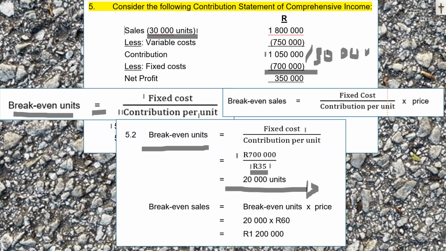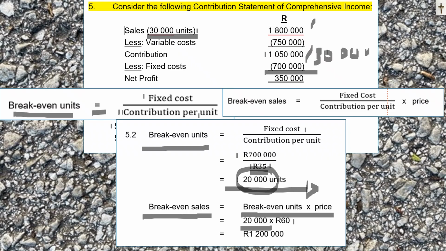That is the quantity at break even, the number of units that need to be sold in order to break even. Now, what is the rand value? It's break even sales. So break even units multiplied by price. We've just calculated at break even there are 20,000 units. And what is the price? Where did we get that 60 from?